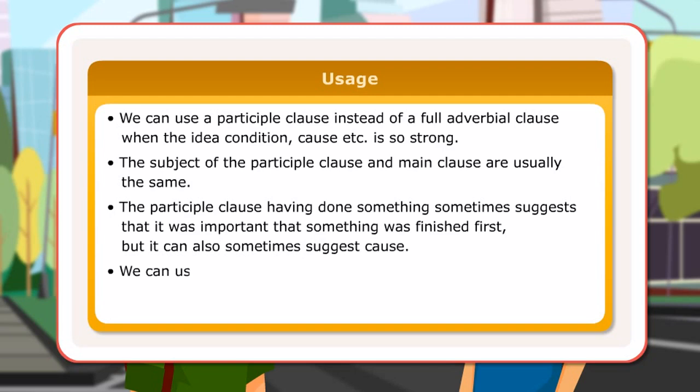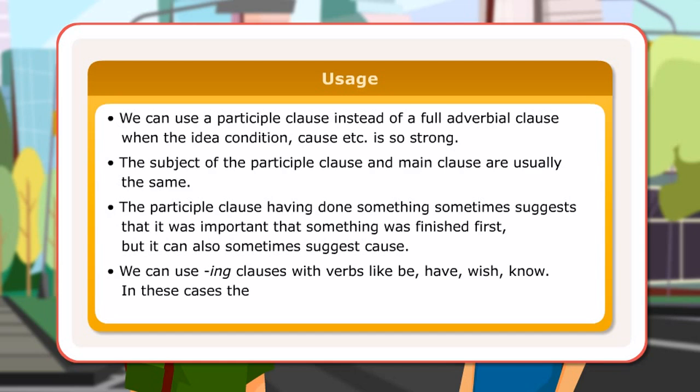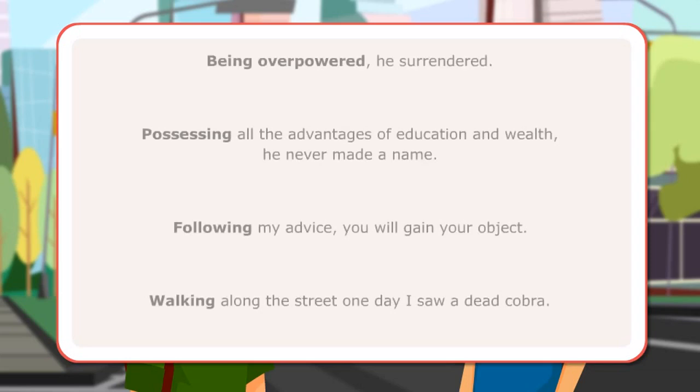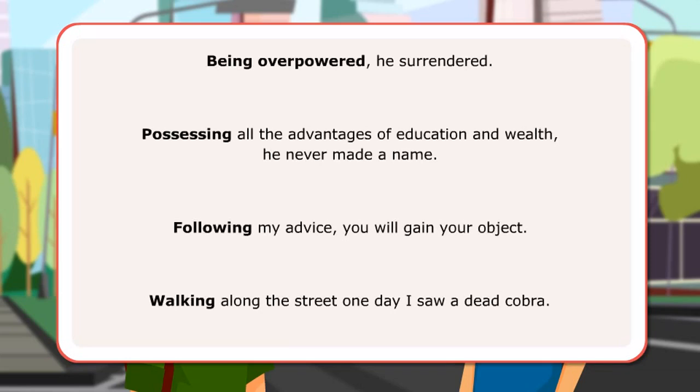We can use ing clauses with verbs like be, have, wish, know. In these cases, the participle clause usually expresses cause or reason. Let us look at a few examples.